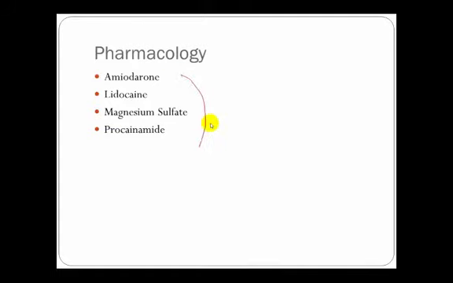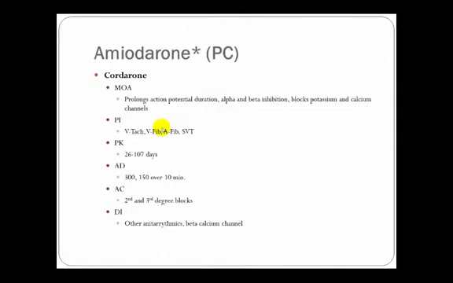Pharmacology review are going to be these medications right here: amiodarone, lidocaine, magnesium sulfate, and procainamide as antidysrhythmics. First one on our list is going to be a primary care drug, amiodarone.